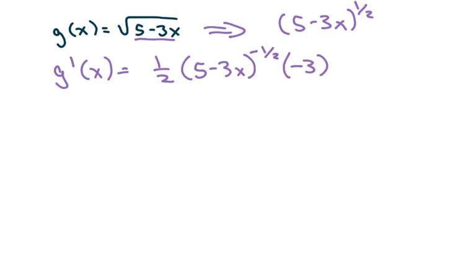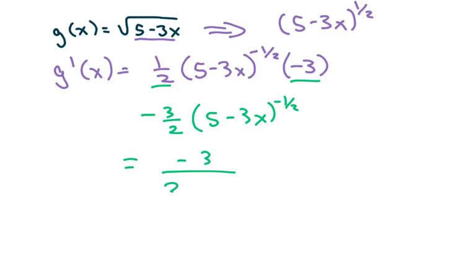So when you multiply these two, you get negative 3/2 times 5 minus 3x to the negative 1/2. And this is going to equal negative 3 over 2, we're moving this to the denominator because of this negative, so that's going to be the square root of 5 minus 3x.